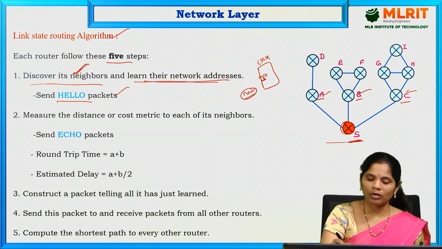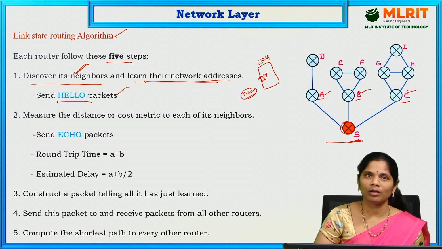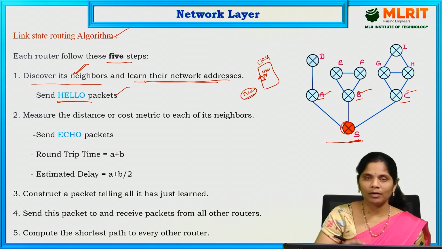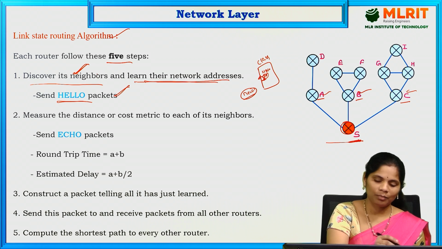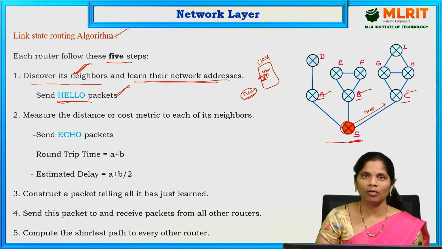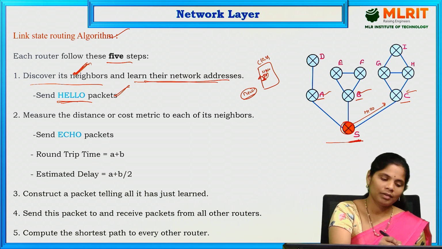How does he talk to them? He says hello to the students near his place, and they also reply to him. Like that, it happens. To discover the neighbors, we send some hello messages. Here he is giving hello, here he is giving hello, and they reply, yes, hello. This is the condition to discover the neighbors.